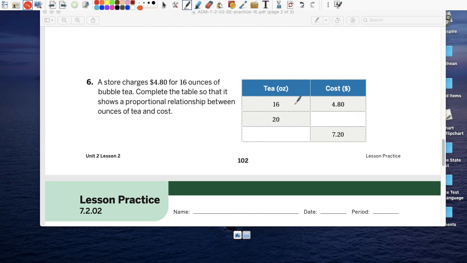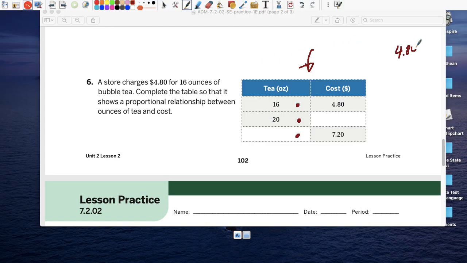Well, can you guys figure out this number? 16 times what is 480? Because if you find that number, I can just use the same number 3 times, right? This is the unit rate. So 16 times what is 480? What can we do?